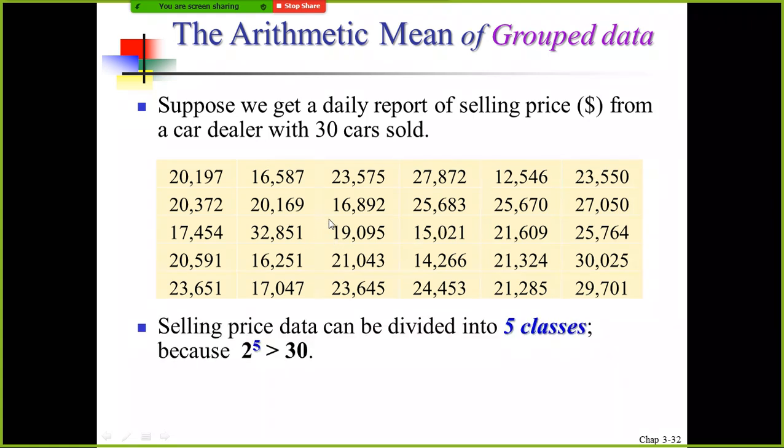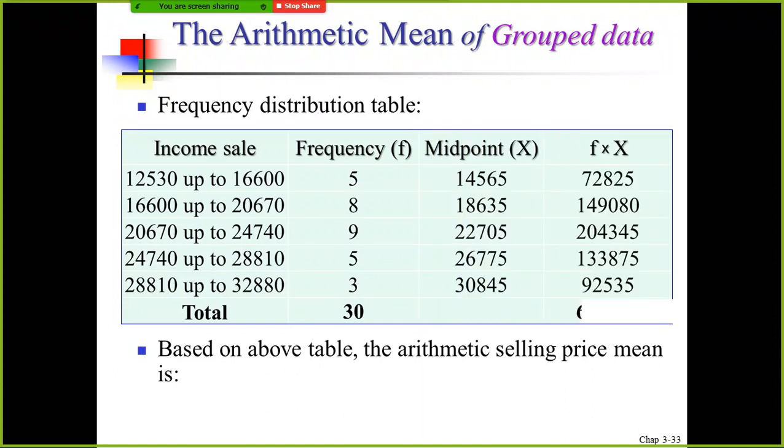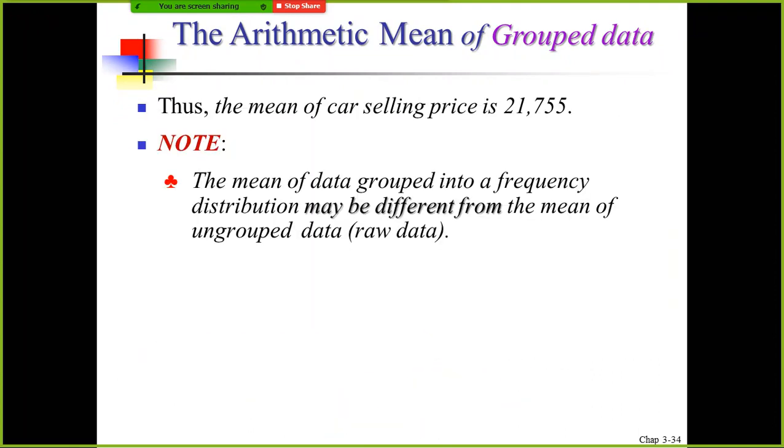So if we have the same data set, but one is grouped data and one is in original or raw form, the mean could be different. We can find two means, and those means may be different.